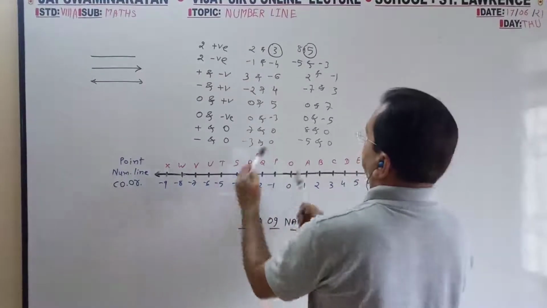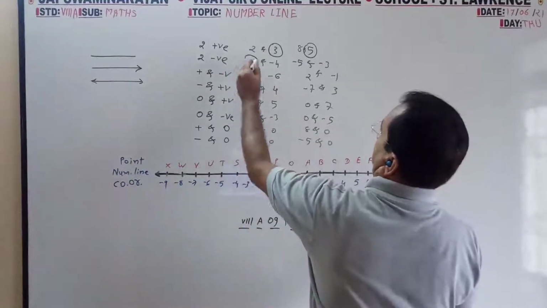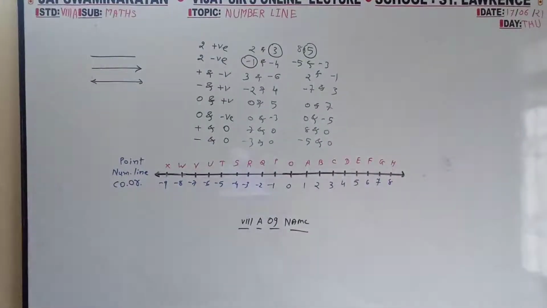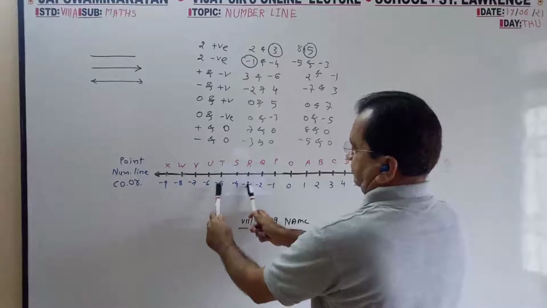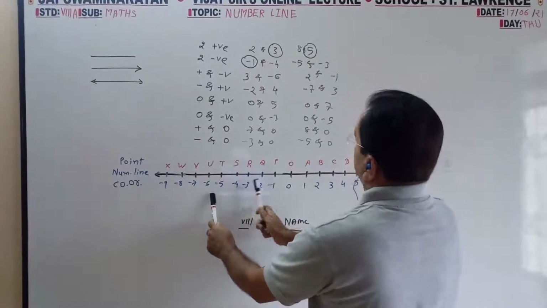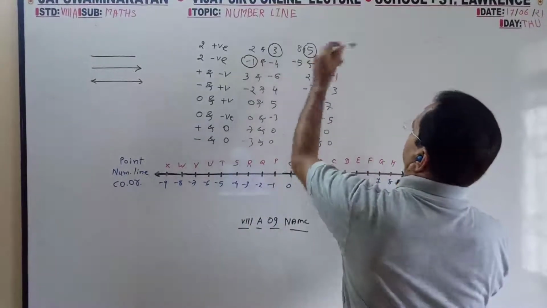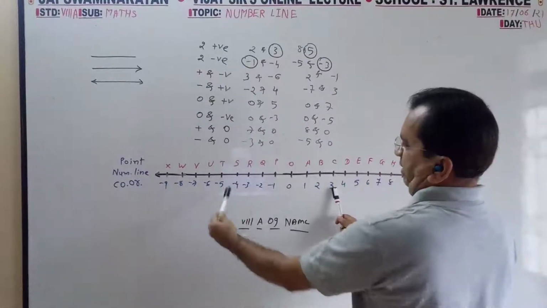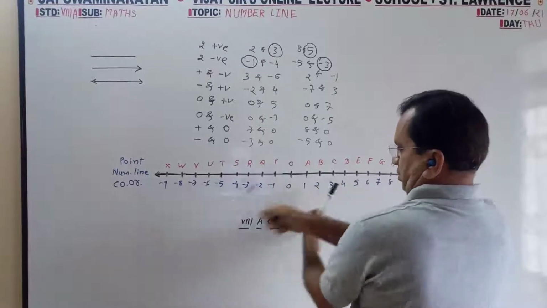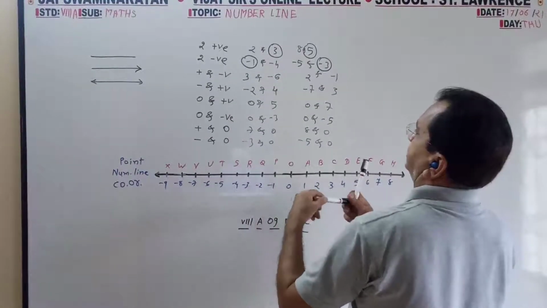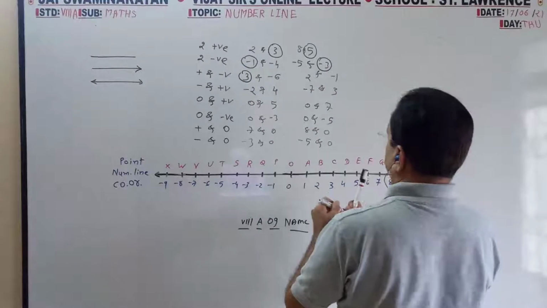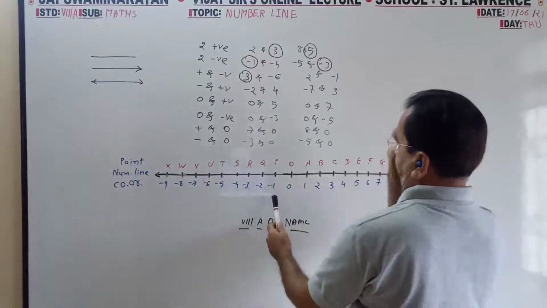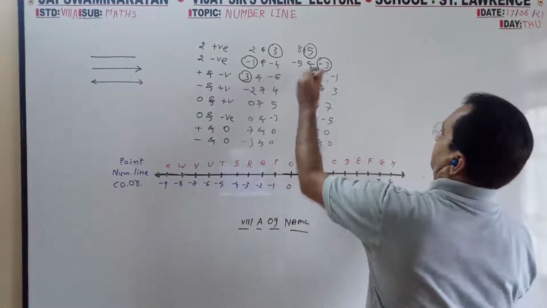Right side is bigger. Minus 3, minus 5. Right side is bigger. 3 and minus 6, not crossing, right side bigger. 2 and minus 1, right side bigger.